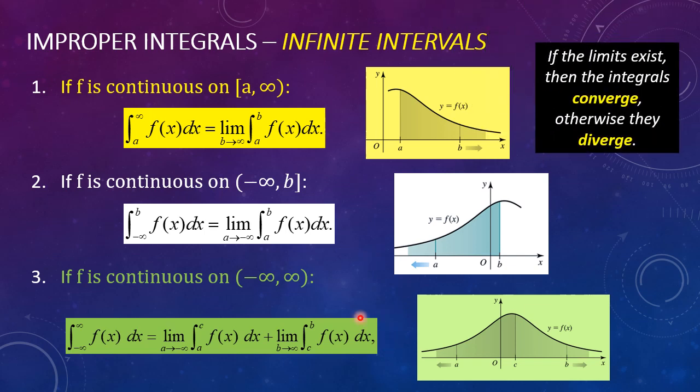If any of these limits exist, then the diagrams that you see here would be representative that all of the functions are converging. If there is not a value that exists, then the integrals diverge.